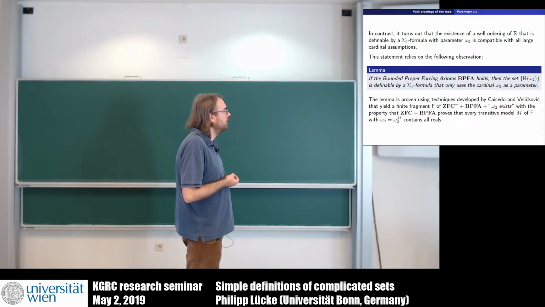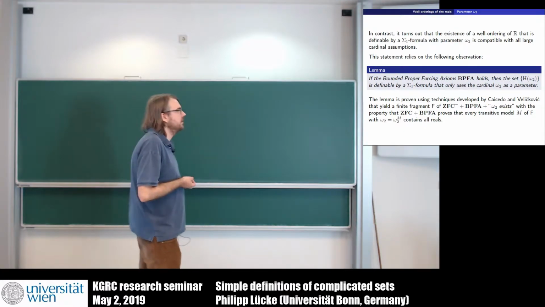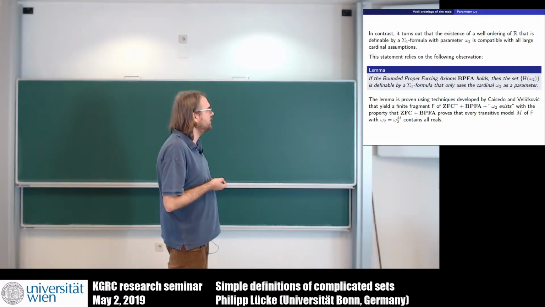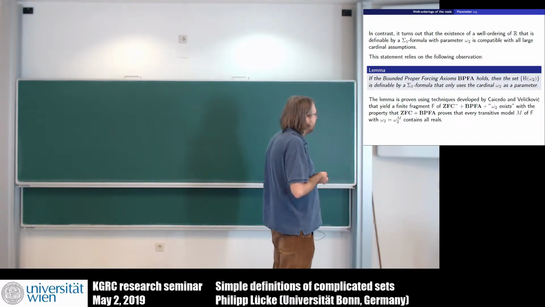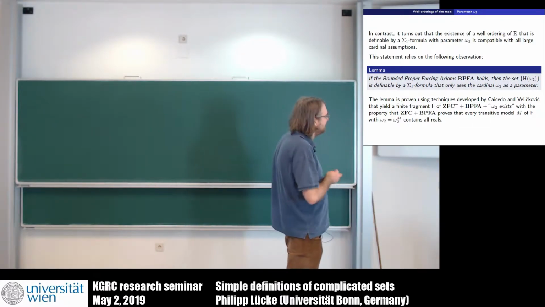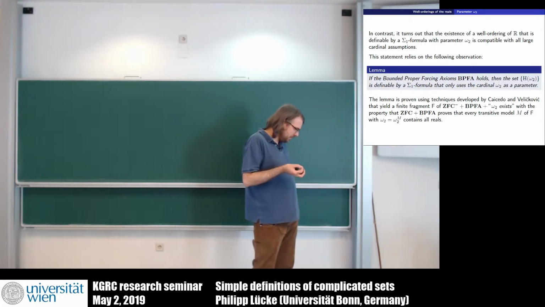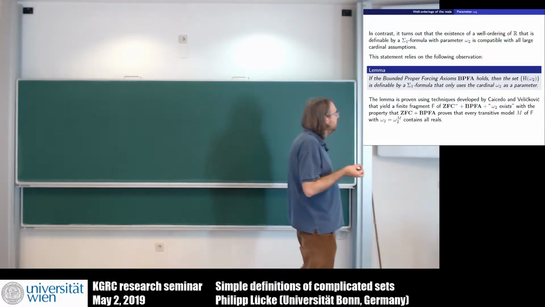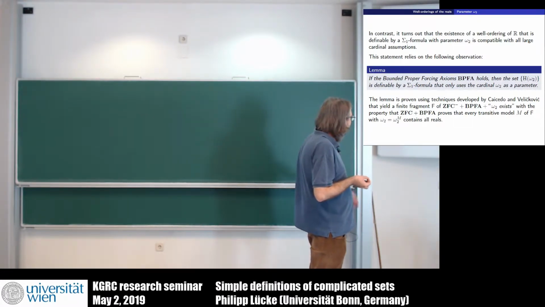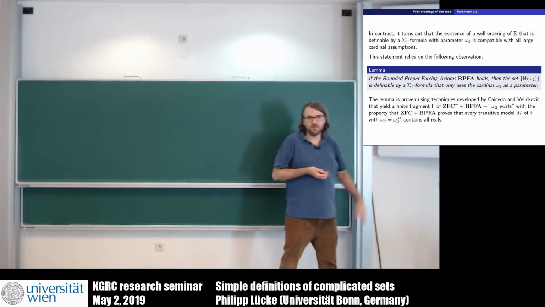Okay, and this follows from techniques developed by Caicedo and Veličković. These results give us some finite fragment F of ZFC minus plus BPFA plus omega-2 exists with the property that BPFA proves that whenever you have a transitive model of this fragment F that computes omega-2 correctly, then it contains all of the reals.